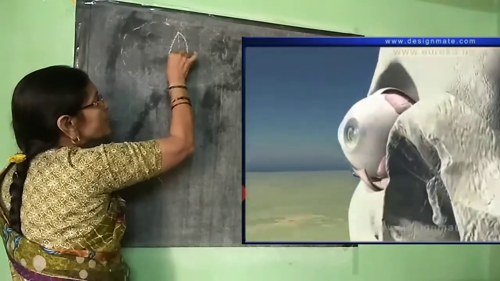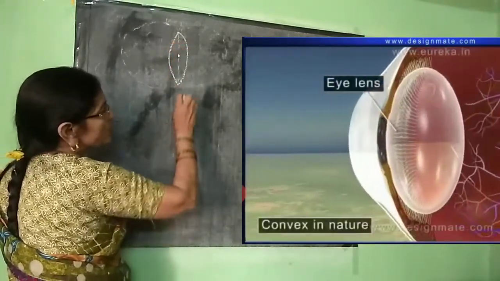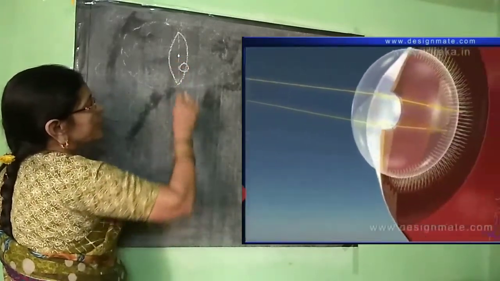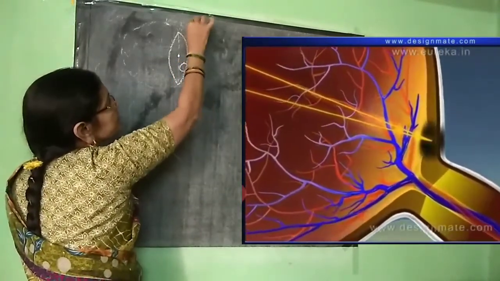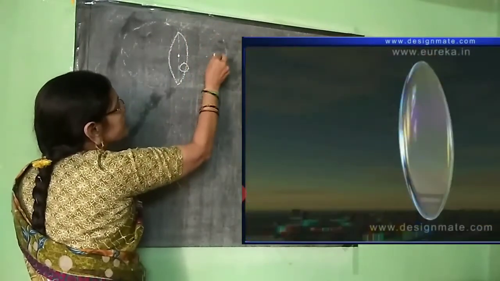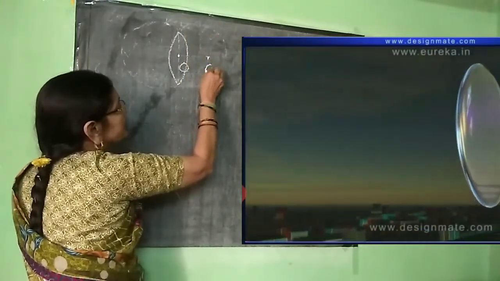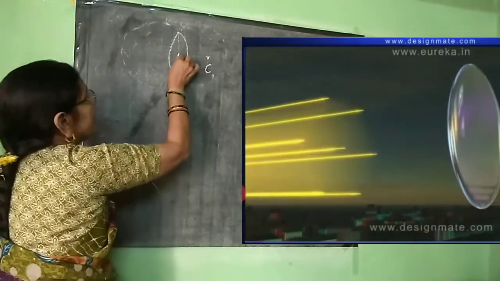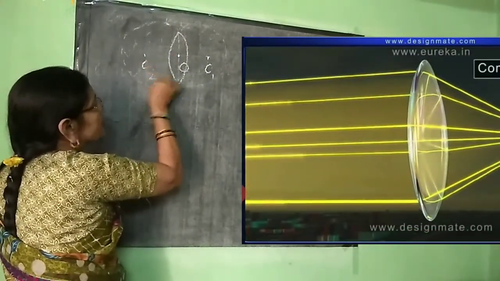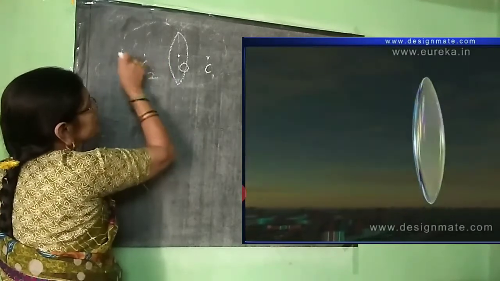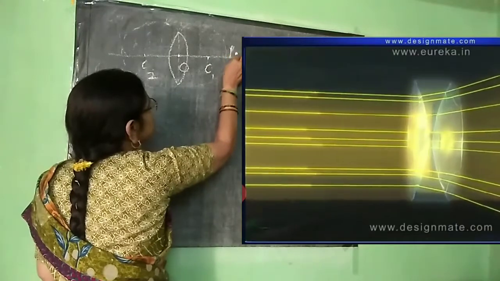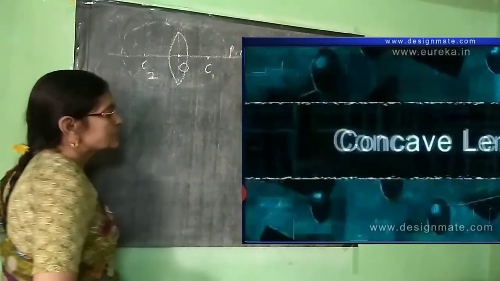Exactly the midmost point of this axis is known as optical center, and it is designated by O. Now, the center of this sphere is called center of curvature of this sphere, and it is designated by C1, and center of this sphere is C2. Now, the line which is passing through all these points is known as principal axis.